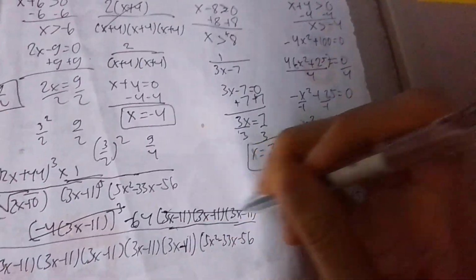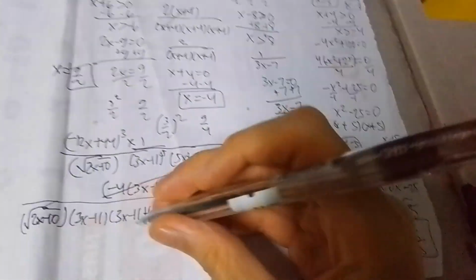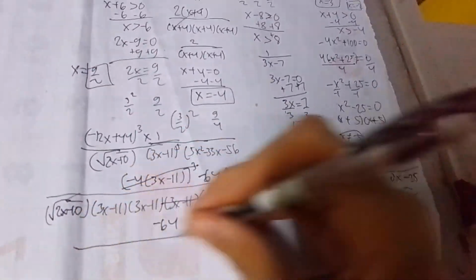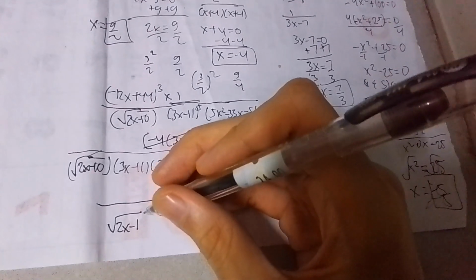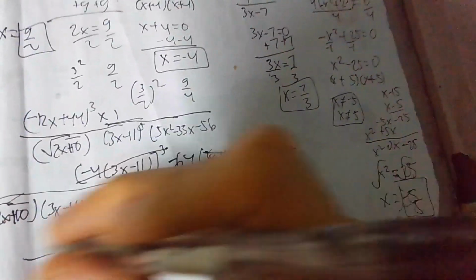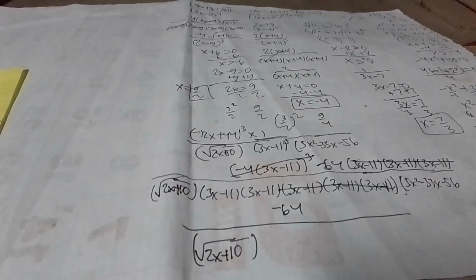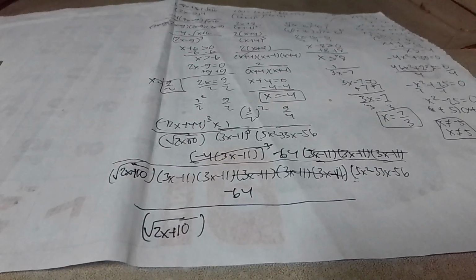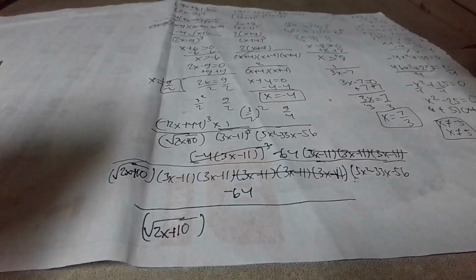So take note, these 3x minus 11s cancel in both numerator and denominator, which simplifies your equation to negative 64 over the square root of 2x plus 10. It's plus 10 actually, not minus 10. Times 2x plus 10, the square root of 2x plus 10.